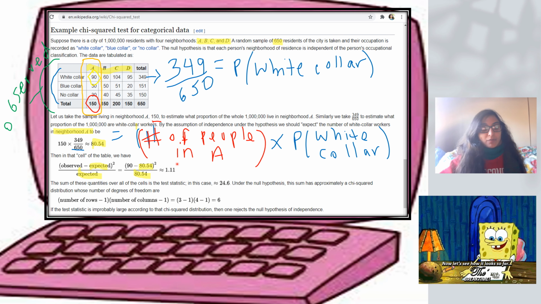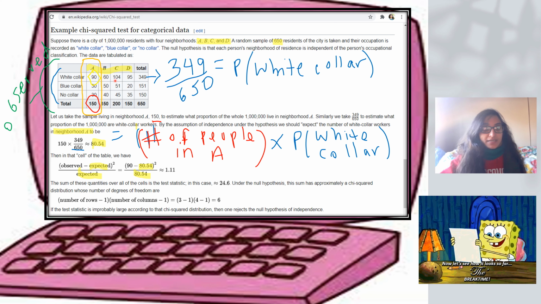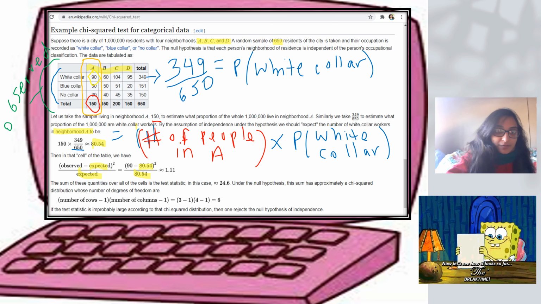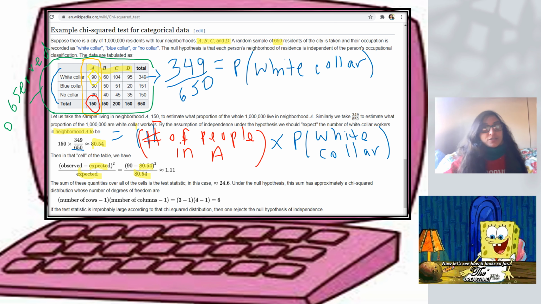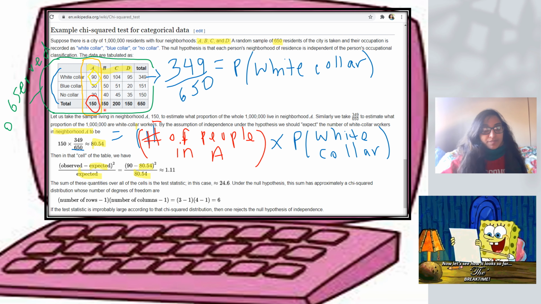We have 1.11, and we're going to do the same thing for all the other possibilities for occupations. This observed is representing the whole table. So this whole table is the observed, what we actually find in our population. We'll do this for the rest of the occupations for A, and then also for B, C, and D.